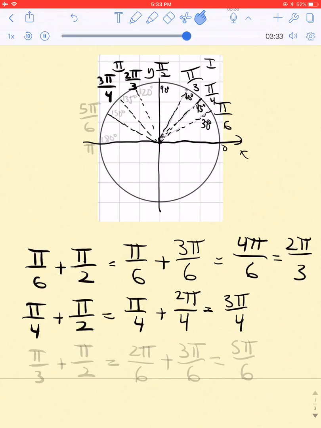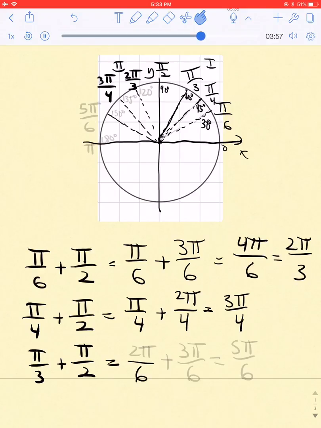The other angle in the second quadrant that we want to look at is, we start with pi over 3 in the first quadrant. That's right here. Pi over 3. And we add again pi over 2 to that. Well, they don't have the same denominator, so we have to convert both this time.